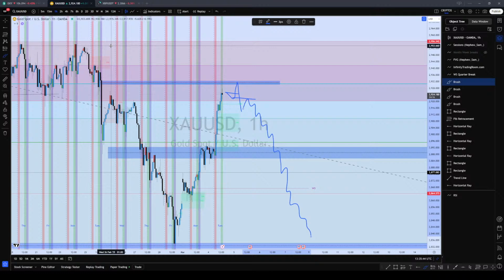So I'm going to repeat. It's either they open tomorrow, take out today's high, and then break down on the 1 hour time frame. That is the only condition for you to look for a sell on gold. If they don't do that, do not attempt any sell.